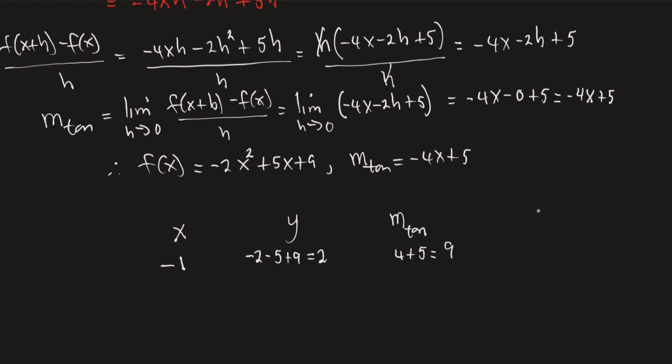And then if we wanted to actually write down the equation of the tangent line, I'll just write it using the point-slope form, but now it will be y minus the y value is equal to the slope times x minus the x value.